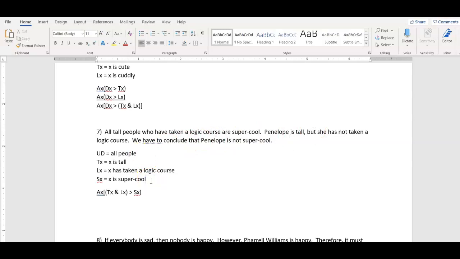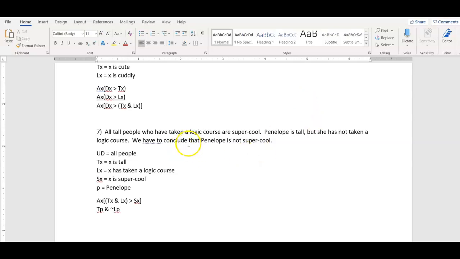Remember, lowercase letters for subjects, so lowercase p for Penelope. So Penelope is tall would be TP, but, which we know is a conjunction, she has not taken a logic course. So it's not the case that Penelope has taken a logic course.